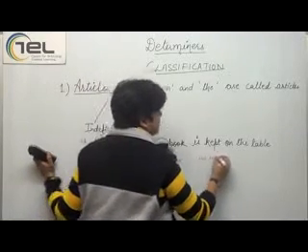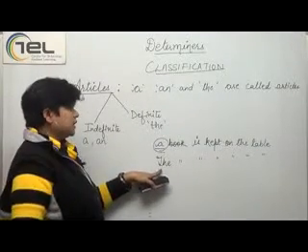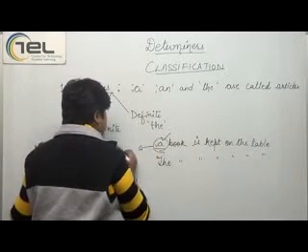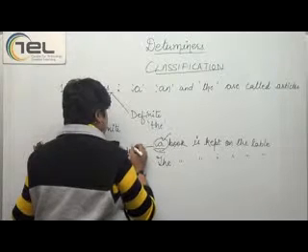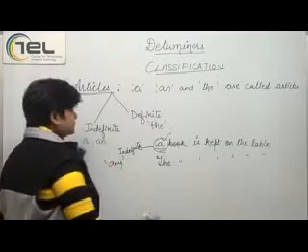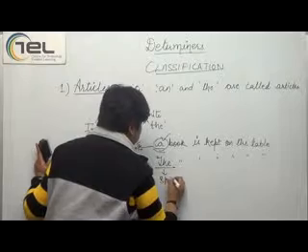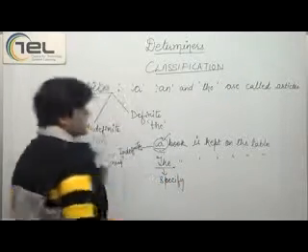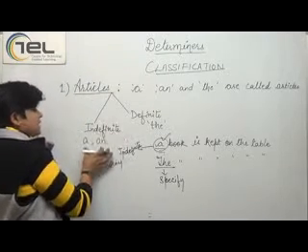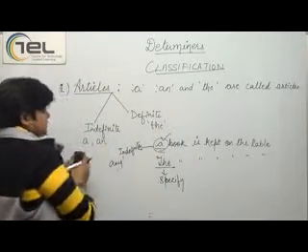The book is kept on the table. I am talking about a particular book here, that's why I have used the. So a is indefinite because it can be any book. But the specifies which book I am talking about. So indefinite articles are a and an, while the is called a definite article.